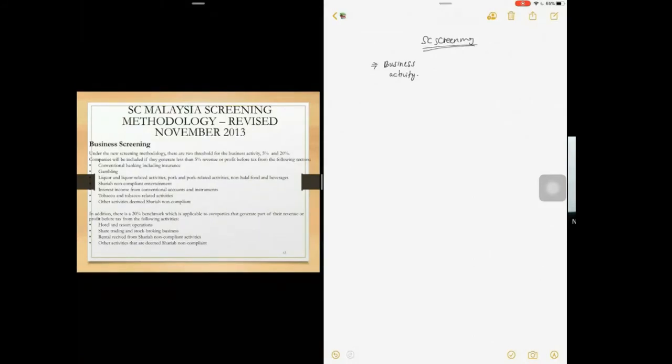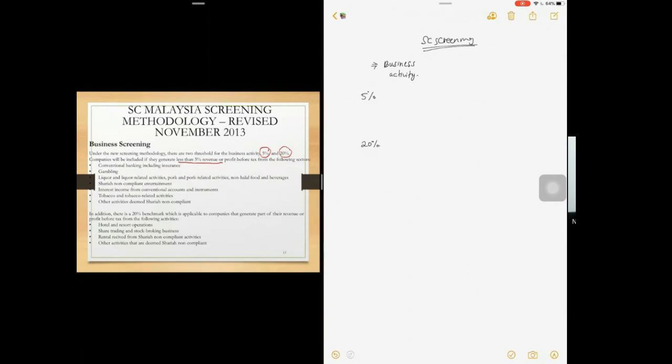Dia cakap under the new screening methodology, there are 2 thresholds for the business activity. One is 5% and another one is 20%. So maksudnya macam ni, 5% and 20%. So companies will be included if they generate less than 5% revenue before tax from the following sectors.